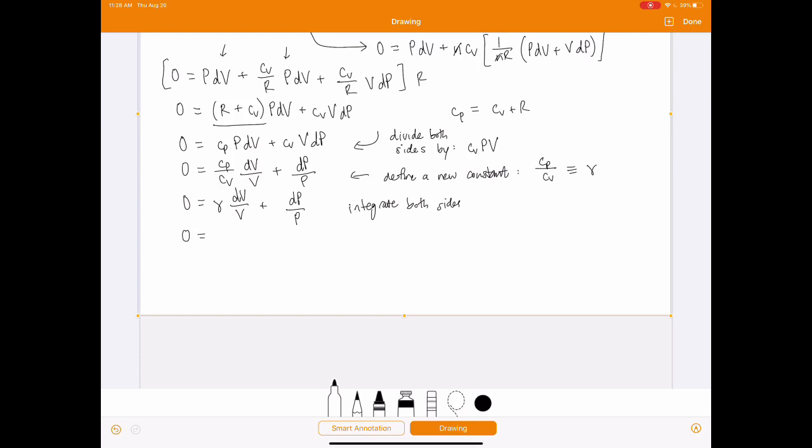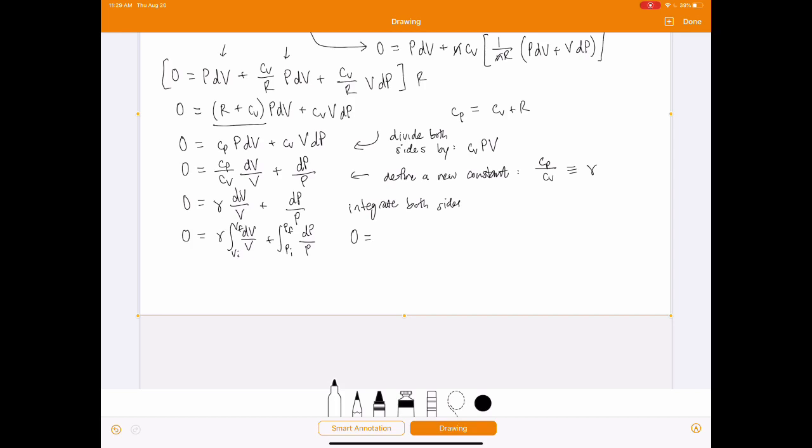Here, the first term is the volume one, which is gamma times the integral of dV over V, going from some initial to some final volume. And then we have a pressure integral, so we'll go from initial to final pressure, and again, dP over P. At this point, we should recognize what these integrate to.